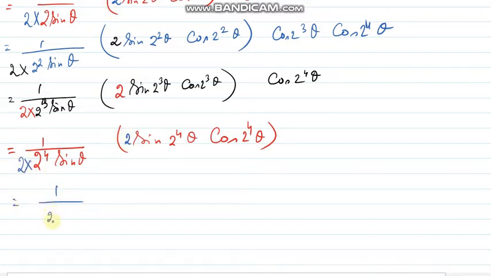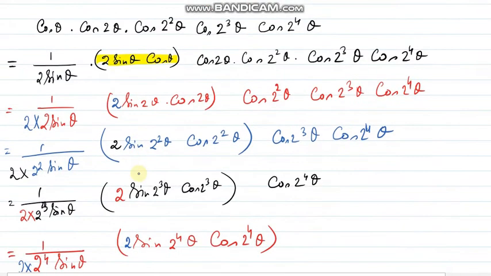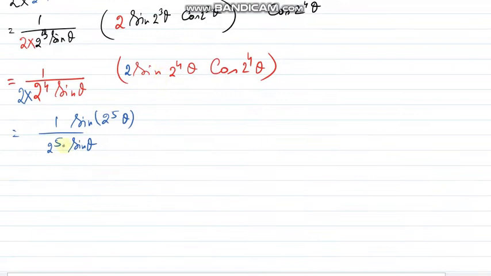So this will be 2 to the power 5 sin theta, and now it will be sin 2 to the power 5 theta. So just check, it was cos theta. The cos theta I can also imagine as cos 2 to the power 0 theta, then 2 to the power 1 theta, 2 to the power 2 theta, 3, 4. Till 4 we had gone, so just check, everywhere it was 5 and 5.